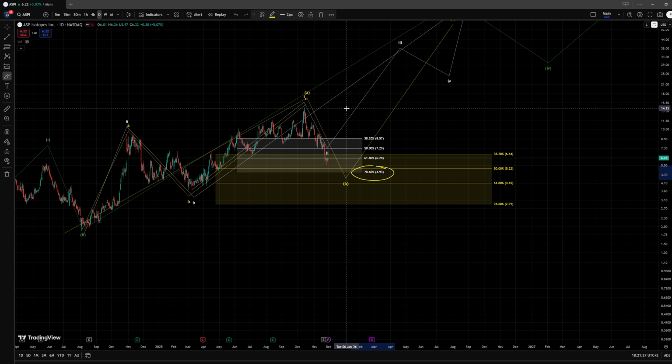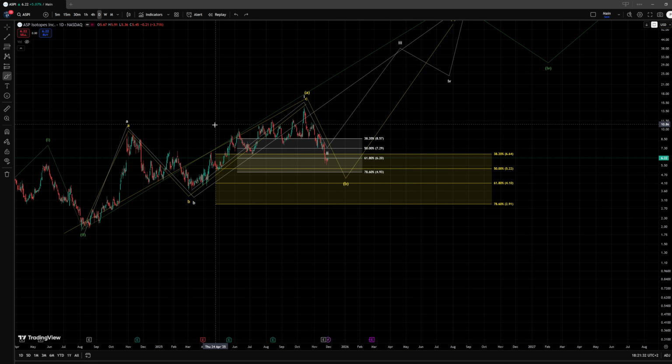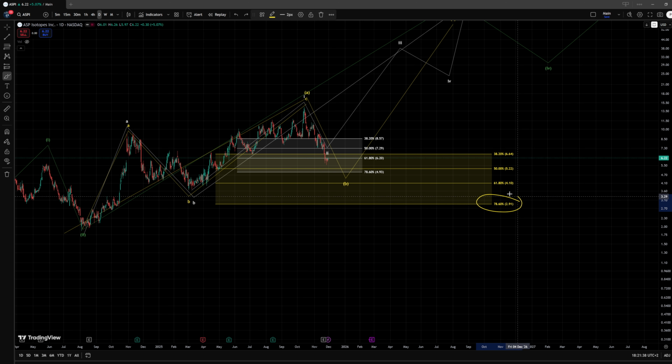In the yellow scenario, we have a lot more room to move within before we need to disregard this interpretation as likely, and it would allow the correction to go as low as the $2.9 level before questioning the probabilities or the likelihood of this scenario playing out.